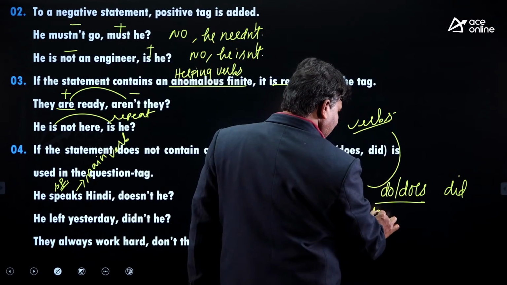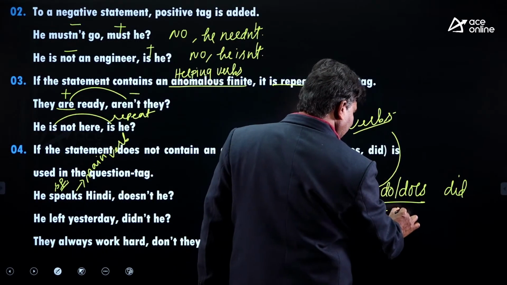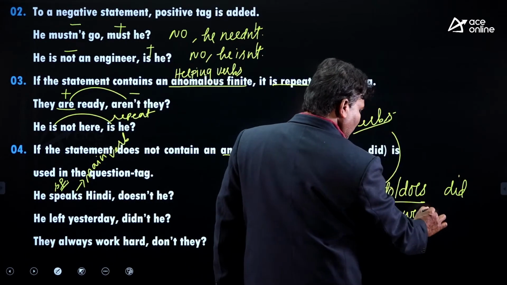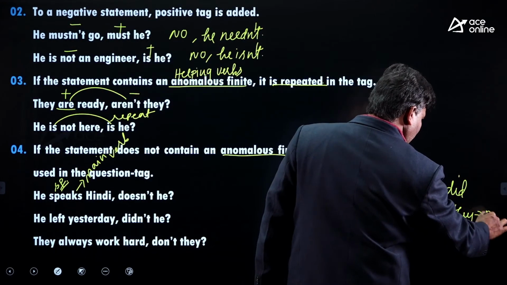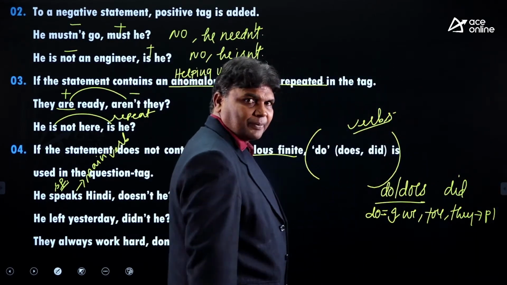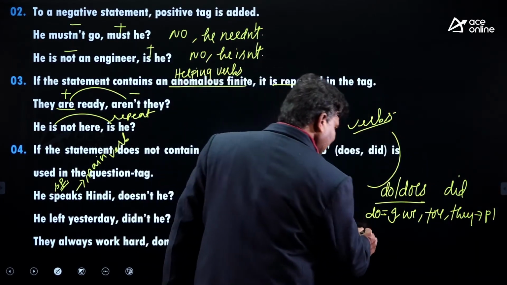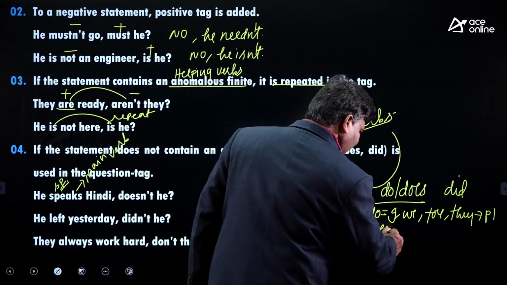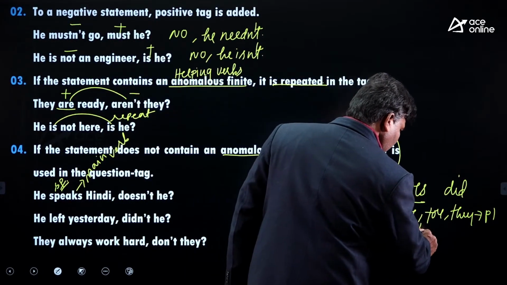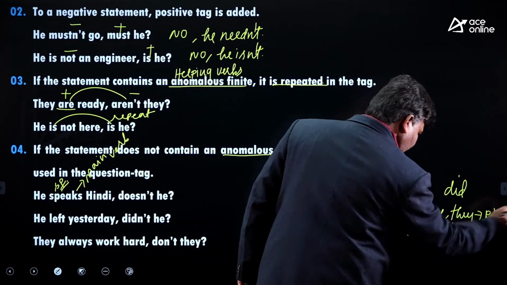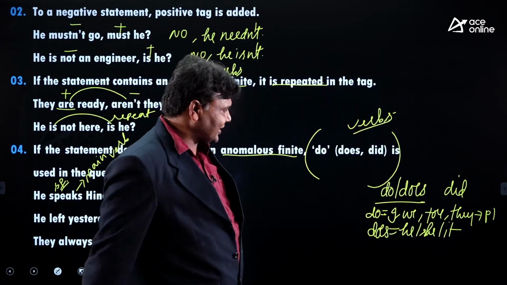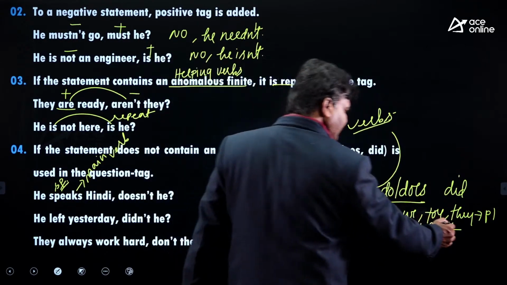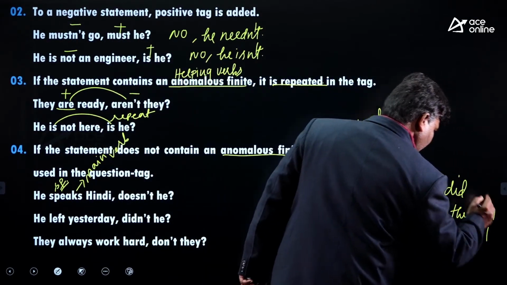Do is activated with I person: I do, we do, you do and they do, and generally this is termed as a plural verb, whereas does is activated with persons like he, she, it, students. So do, does, he, she, it. So this is singular.